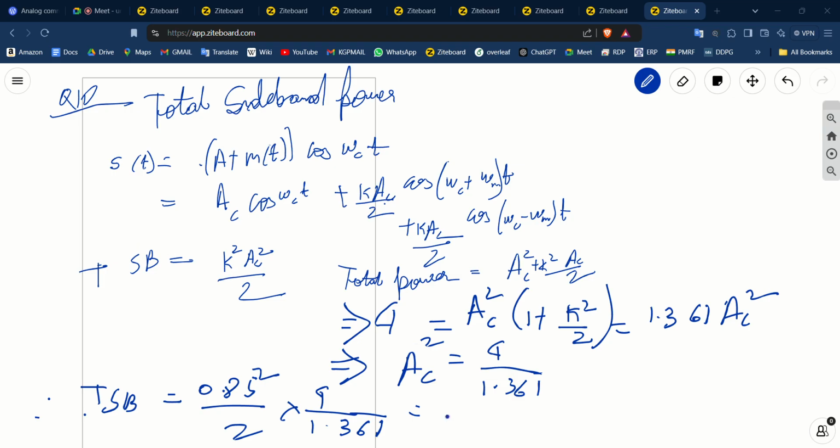So 2.89 by 2 into 1.361. So 2.722. So 2.89 by 2.722. So 1.06. So 1.06 kilowatts.